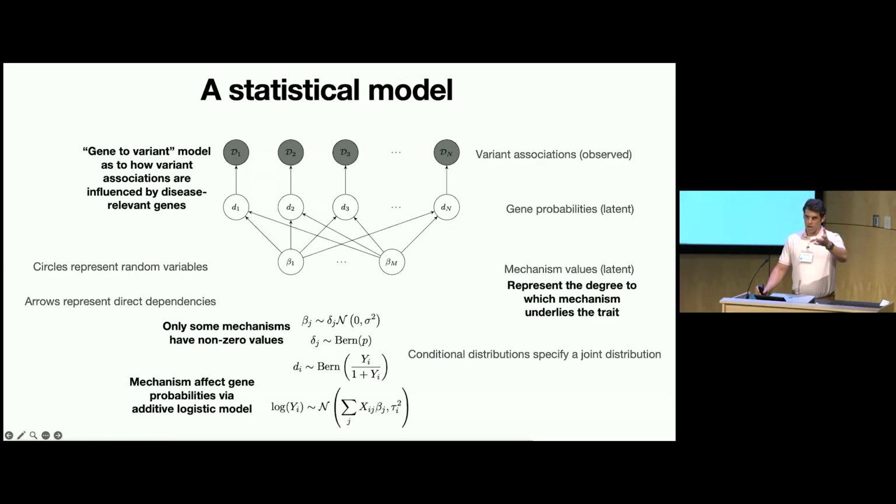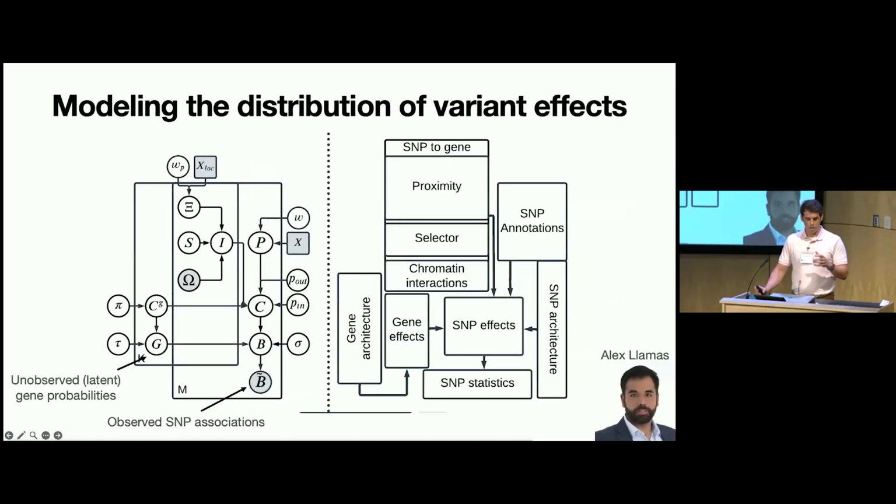To some extent, variant to gene is the whole thing we're trying to do here. But I would argue that while going from a specific variant to confidently implicating a gene is very hard, it's comparatively easier, given knowledge of a gene being disease relevant, to look at all the variants nearby and model how their associations change. And we have a postdoc in the lab, Alex Llamas, who's working on this.